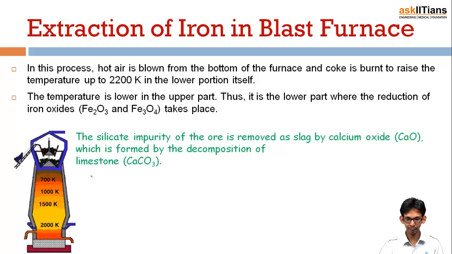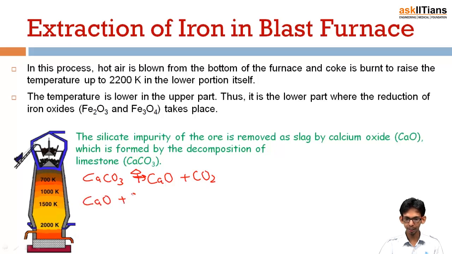The chemical reactions are that calcium carbonate, limestone, which was added along with the ore, decomposes into calcium oxide and carbon dioxide, and this calcium oxide reacts with the silica impurity to form calcium silicate. So we can say that this was the flux, which was added to remove the impurity in the form of calcium slag.